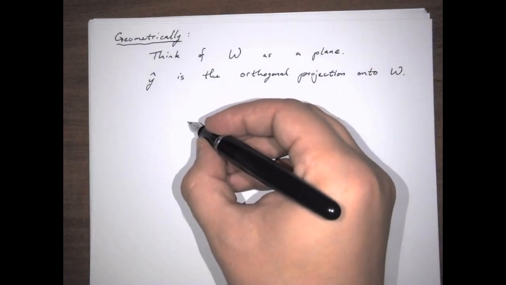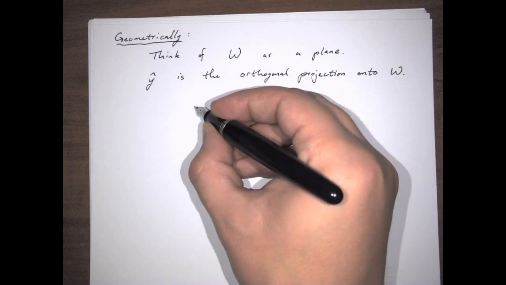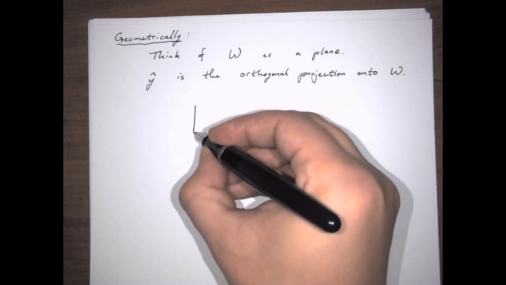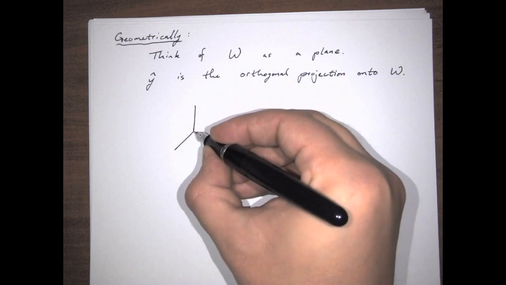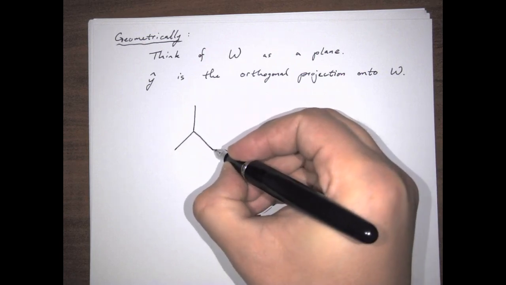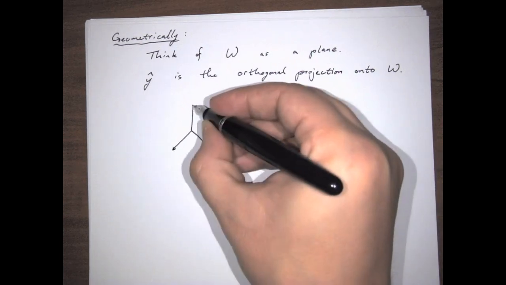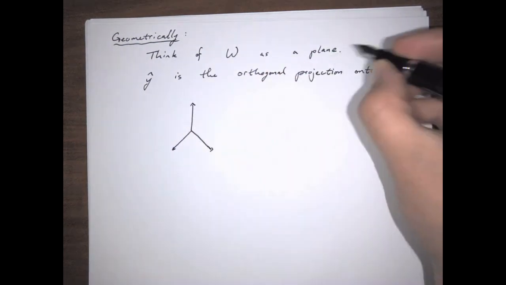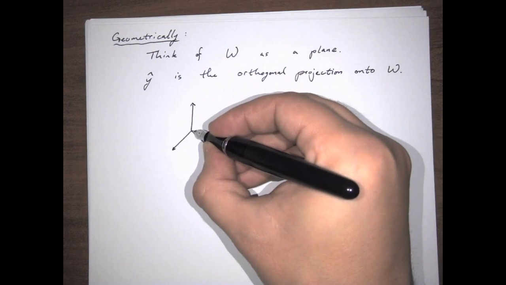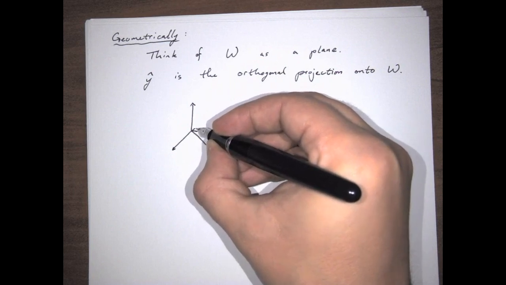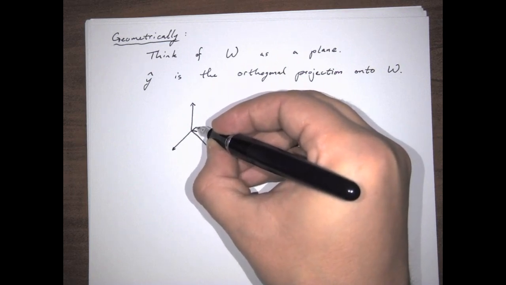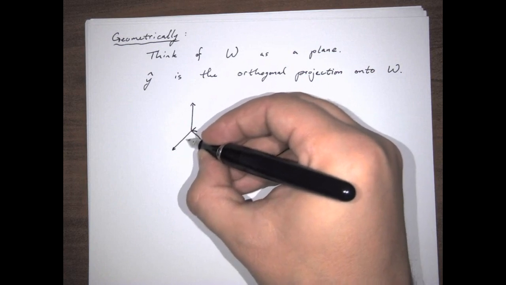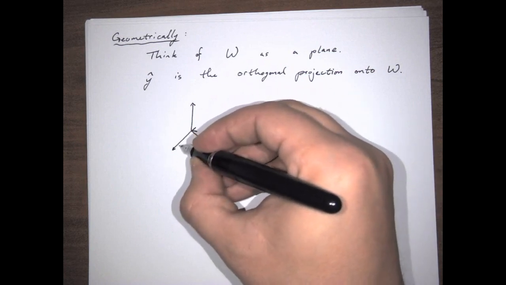So if we think of W as being a plane, and in particular, just imagine a plane going through the origin, and let's just say the way it looks is like this. So it's got one vector going out that way, one vector going out that way. Or better yet, just imagine the plane is the xy axis.